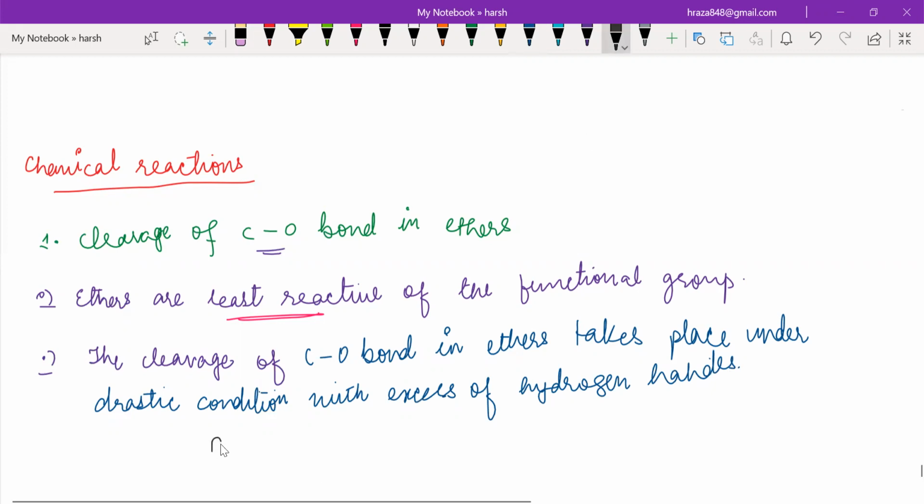So if you are going to react this ether with hydrogen halide, you need to take HX in excess. First it will form RX and ROH, and then again this ROH will react with HX since HX was in excess.